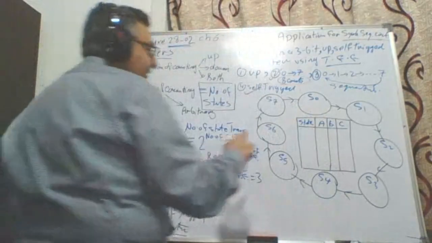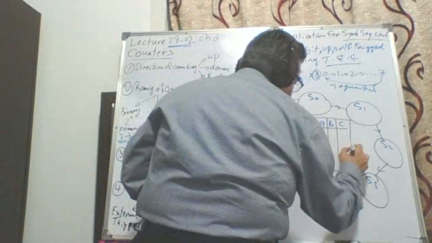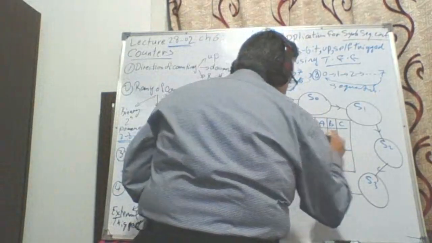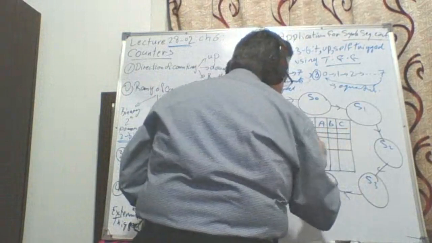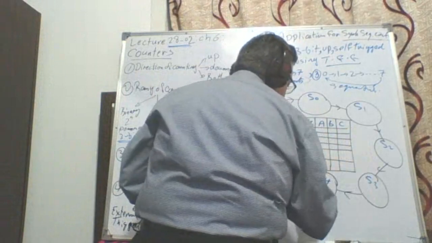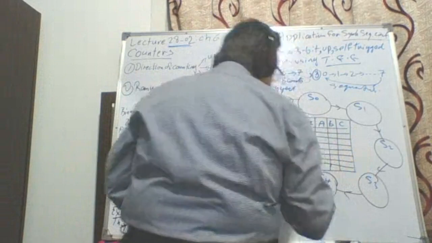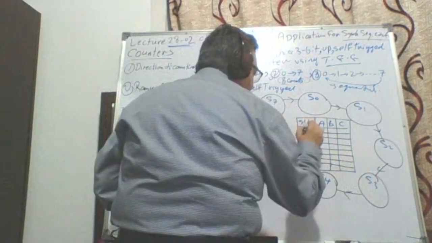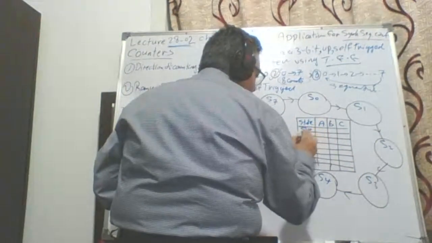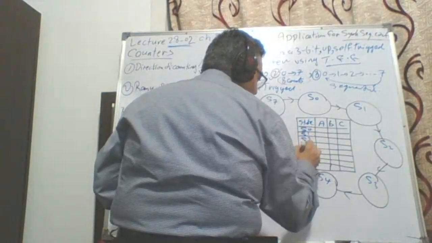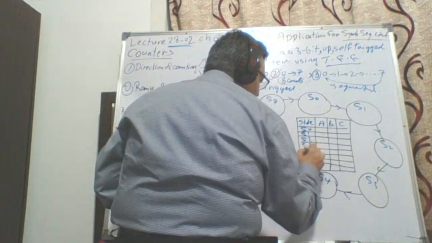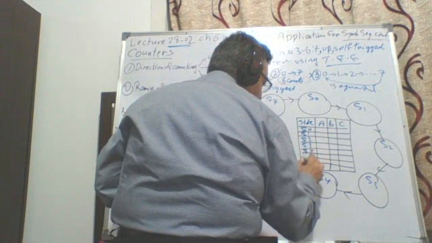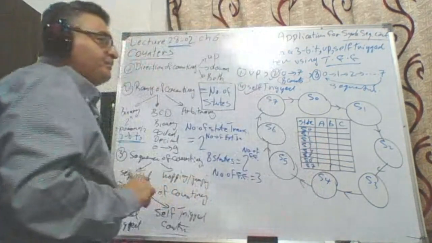We have 8 states, split into 2 halves, repeatedly, so I have a total of 8 states: S0, S1, S2, S3, S4, S5, S6, S7.